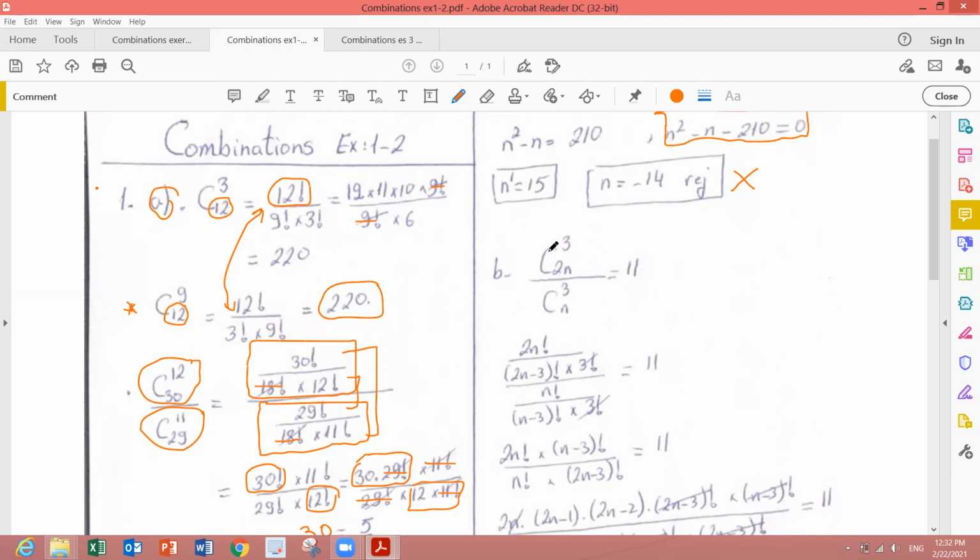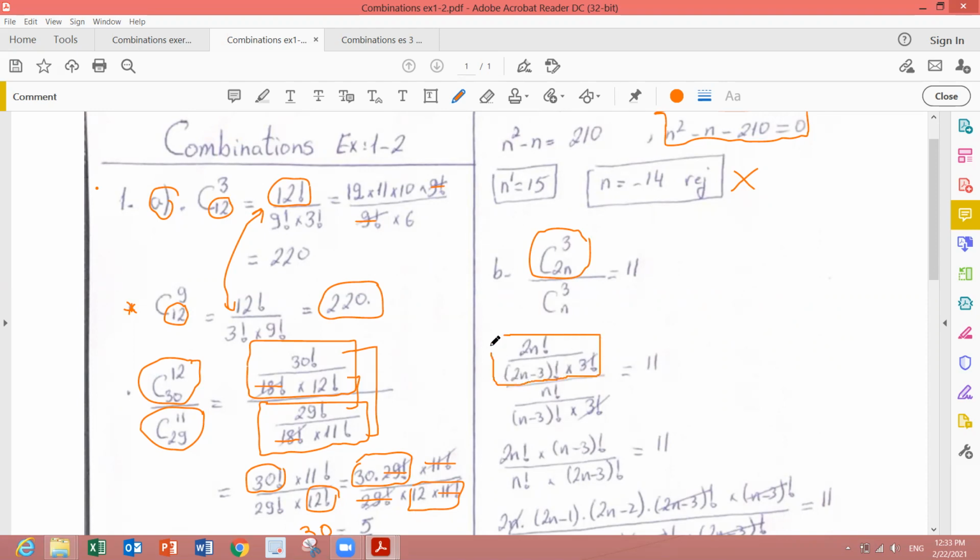Now part B. 2n choose 3 over n choose 3 equals 11. Okay, I calculate this one. It will give 2n factorial over their difference, 2n minus 3 factorial times 3 factorial.